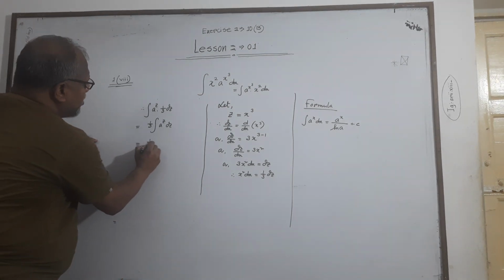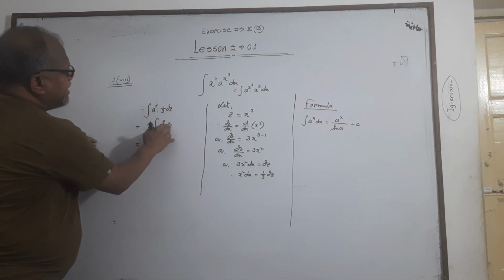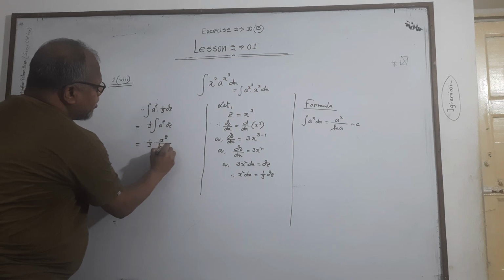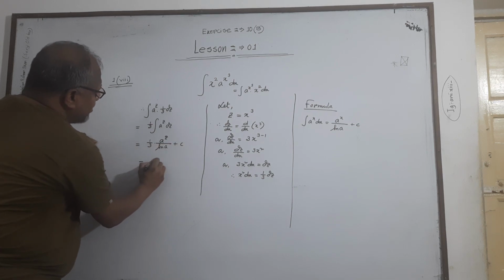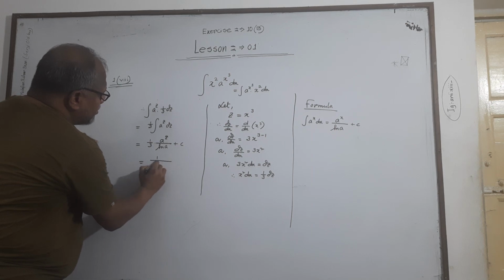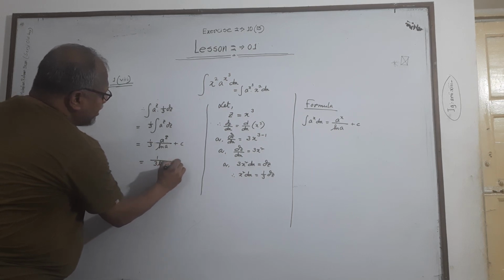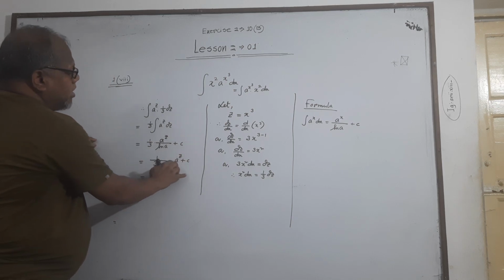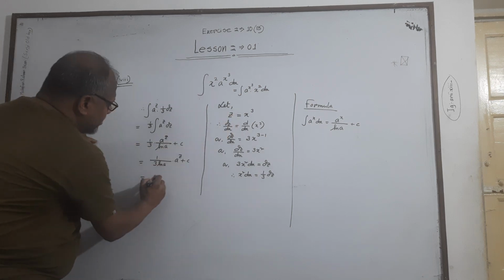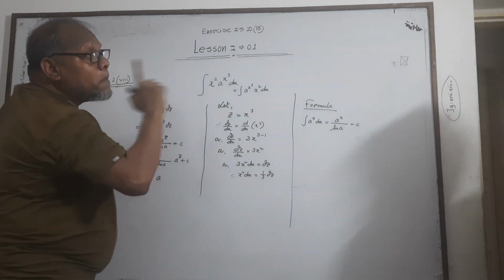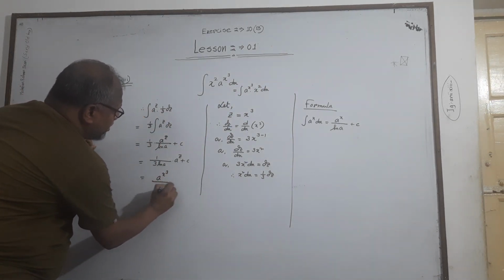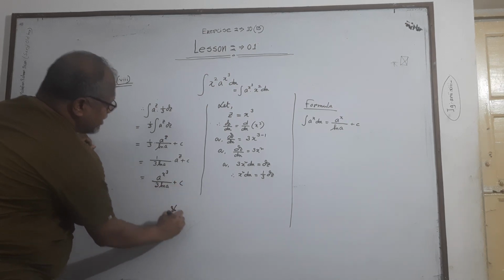So here 1 by 3 a to the power z dz should be a to the power z divided by ln a plus c, equal to 1 by 3 ln a into a to the power z plus c. I am going to put the value of z. Here the value of z is x cube. So it should be a to the power x cube divided by 3 ln a plus c, and this is the answer.